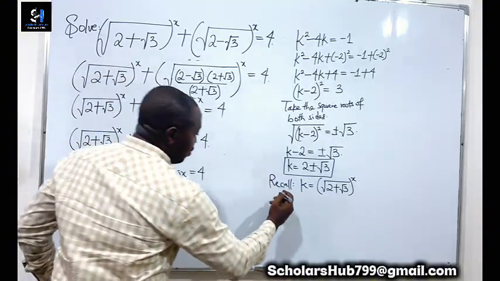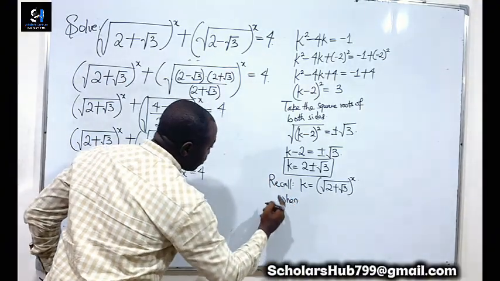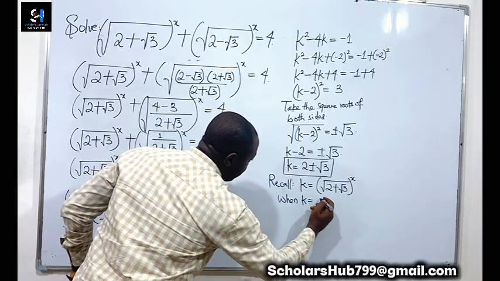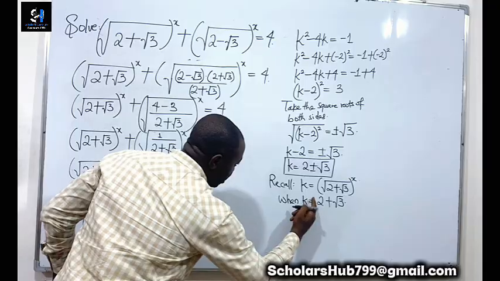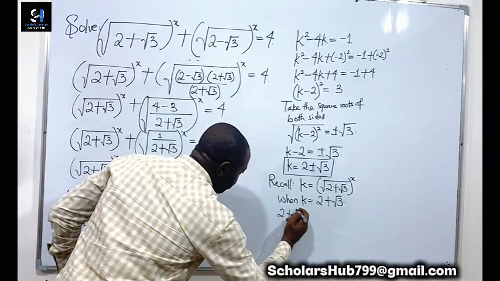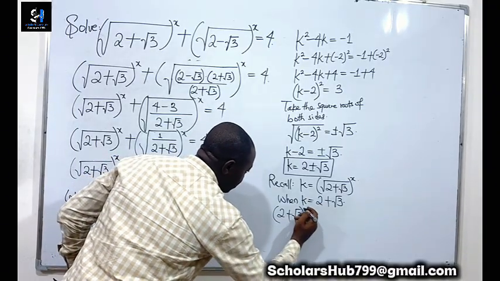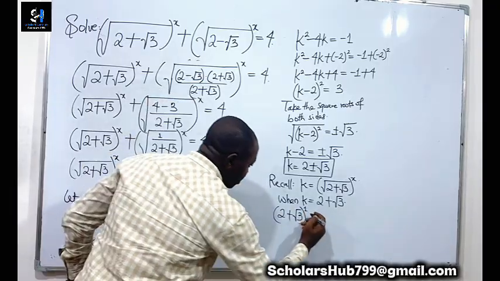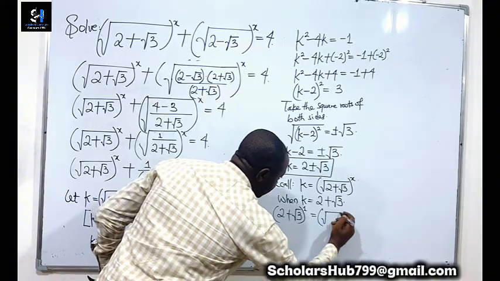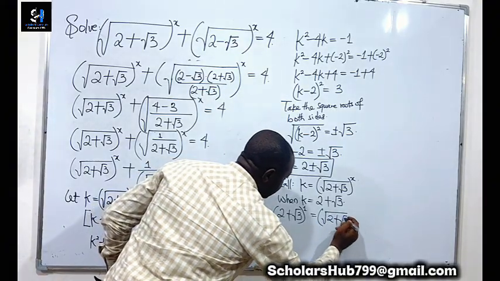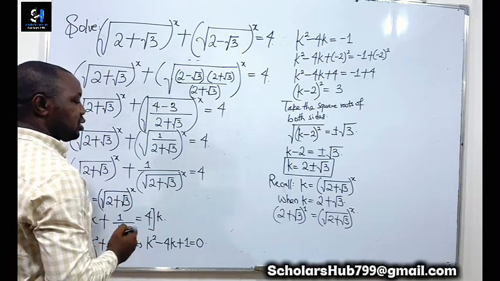Then when k is equal to 2 plus radical 3, it means that I will equate 2 plus radical 3, whose power is 1, with (radical 2 plus root 3) raised to the power of x.